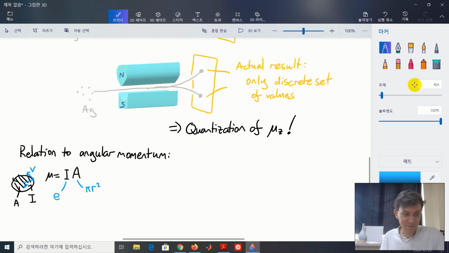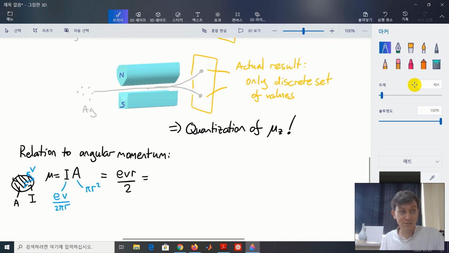And per unit time, so 1 over the time, is speed divided by the distance it travels. So that's v divided by 2 pi r. Okay? So if you put those two together, you see that the pi's cancel, one of the r's cancel, and you get e times v times r divided by 2.